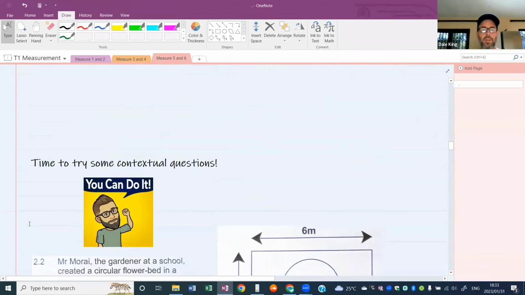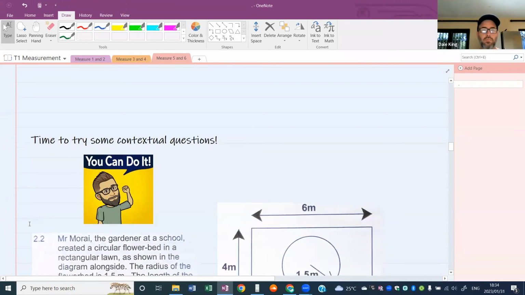All right. Now, we are going to try some contextual questions. Up until now, we've been doing some very basic questions. All right, now I don't want you to freak out. You are likely to see most of your tests presented in contextual questions. All right, which means they'll have a question 1 based on a story or a topic, okay?